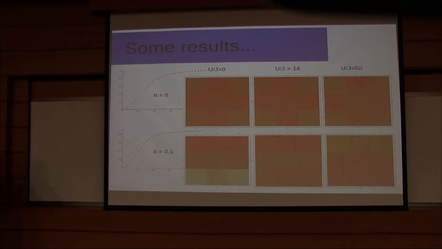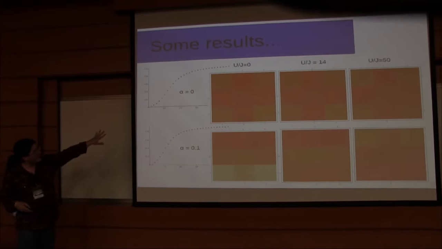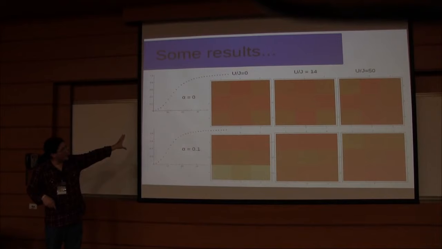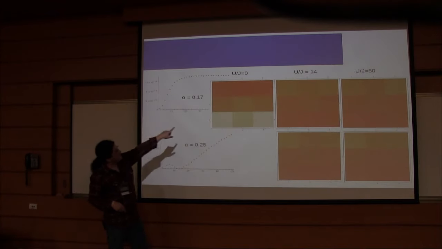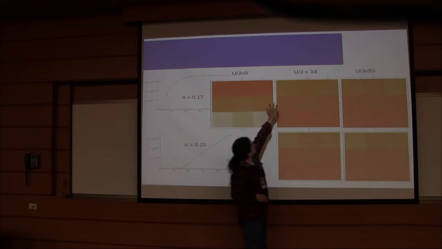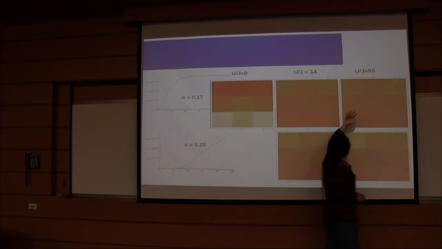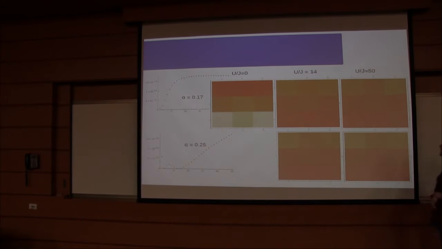Just finally, I'm just going to mention, because of time, that the same effect happens when we put a hole in the system. Just the hole is the one that is localized here. For large U, we see that the hole is here and here.